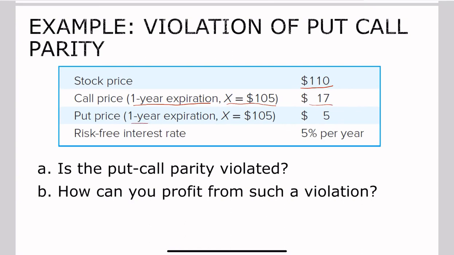It has a 1 year expiration. The exercise price is 105 and its price is $5. And next we have this risk-free investment, right? And the interest rate on this risk-free investment is 5%. So now let's first answer the question whether the put call parity is violated.